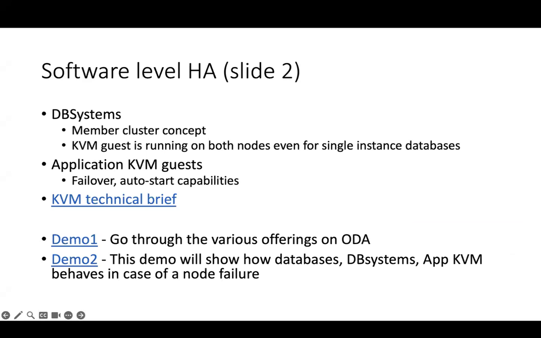Grid infrastructure inside DB systems are member clusters, so not normal clusters, which means they differ from the grid infrastructure that runs on bare metal. That practically means that they don't have their own ASM instances.